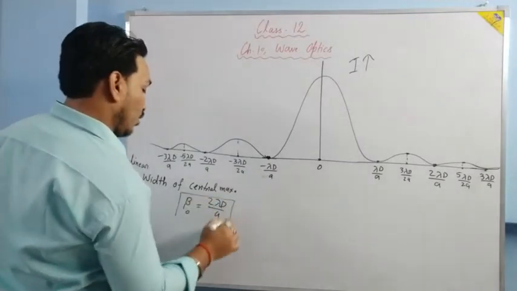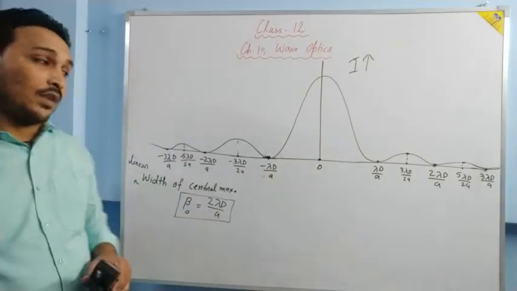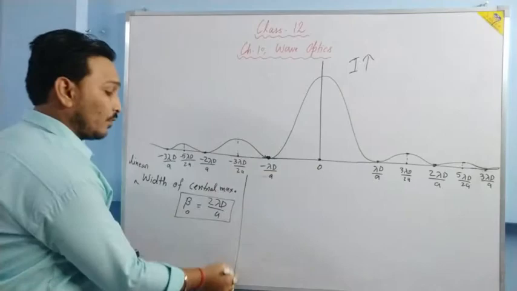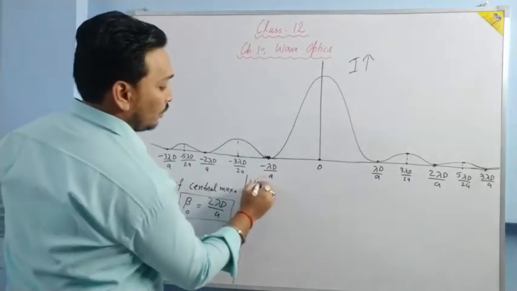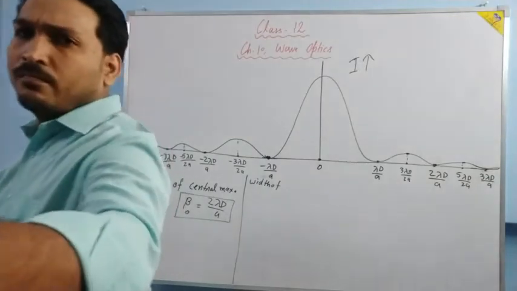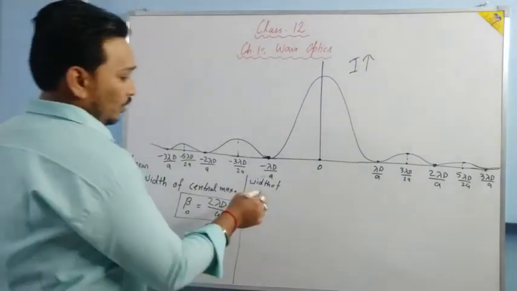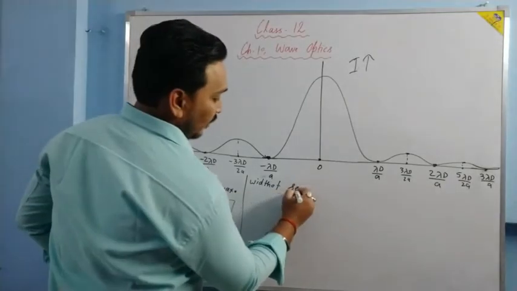So this is the width of the central maximum in the diffraction pattern. Now we are going to calculate the width of the secondary maximum.